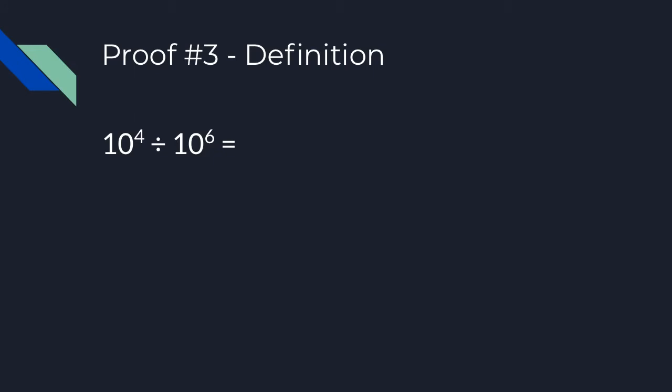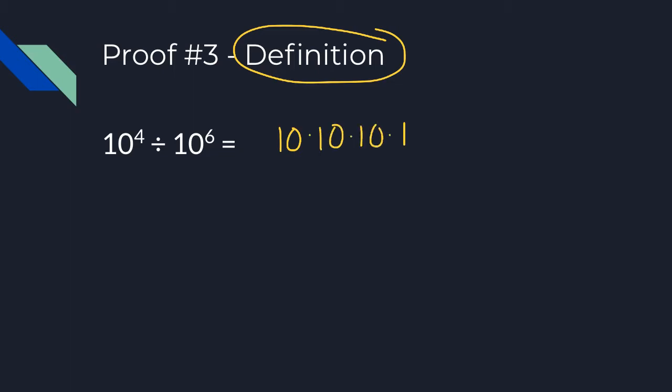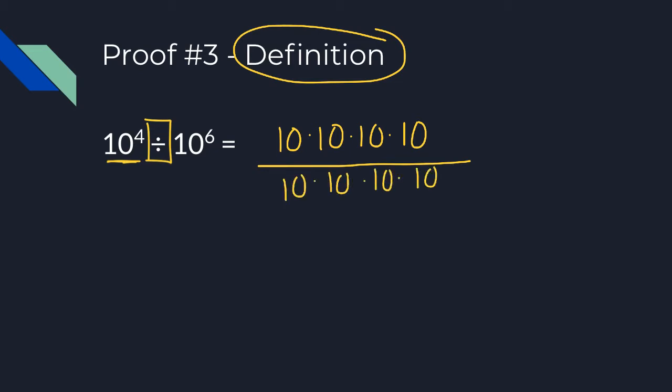Same problem, but let's do it differently yet. Let's look at our definition. So that meant that I had 10 once, twice, 3 times, 4 times as my numerator. Divided by, could be a fraction bar, and I have 10 once, twice, 3 times, 4 times, 5 times, 6 times on the bottom.